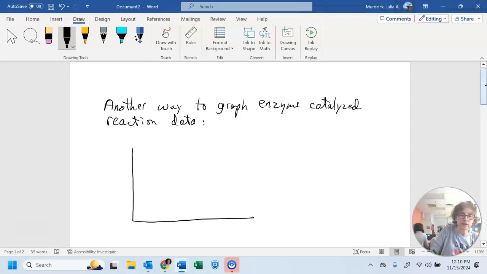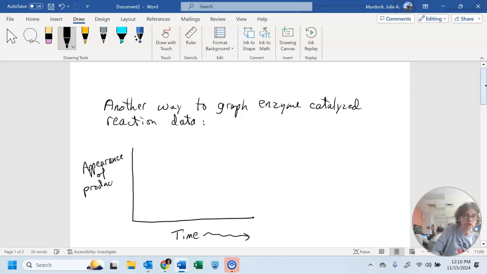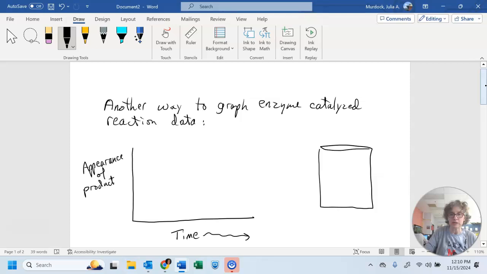So you had time down here, the time of the reaction. And then here you had appearance of product molecules, concentration of whatever the products were. Maybe in this case it would be oxygen bubbles. And that kind of graph, if it's happening, often it was happening in some kind of a beaker, right?